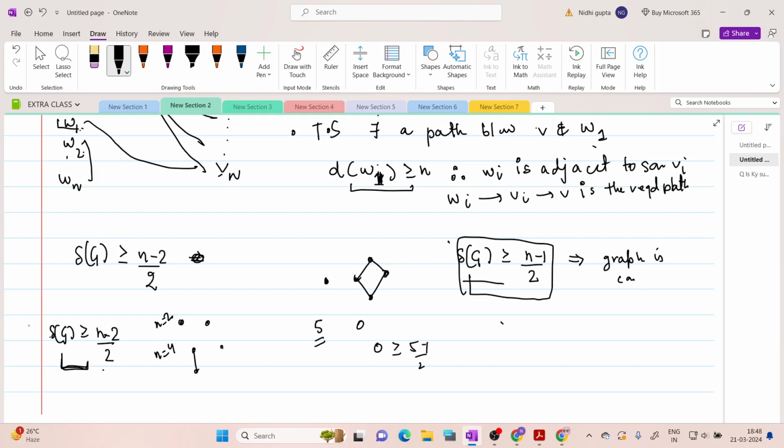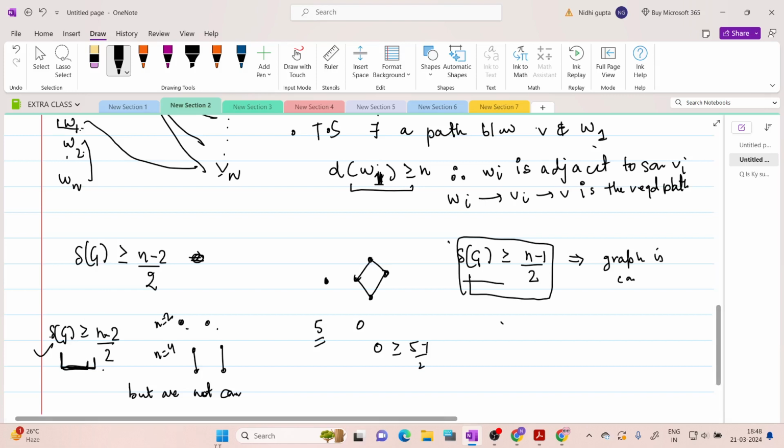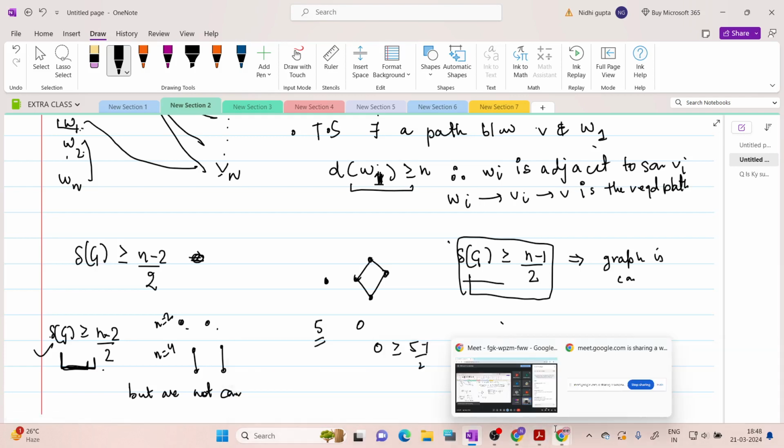We see that both these examples satisfy this condition but are not connected. Therefore we cannot conclude whether a graph satisfying this condition is connected or not. So this was the question that was being asked.